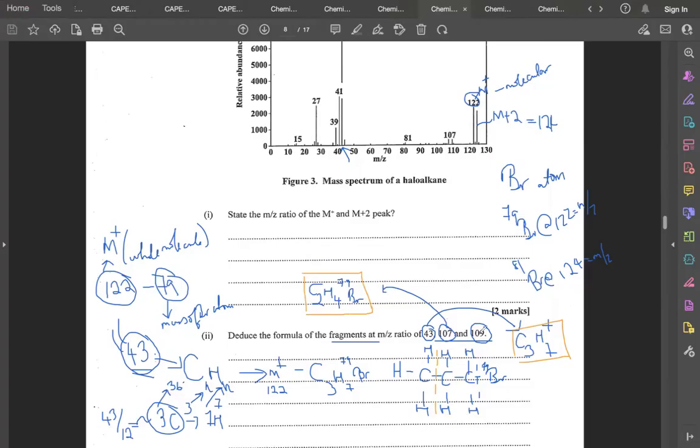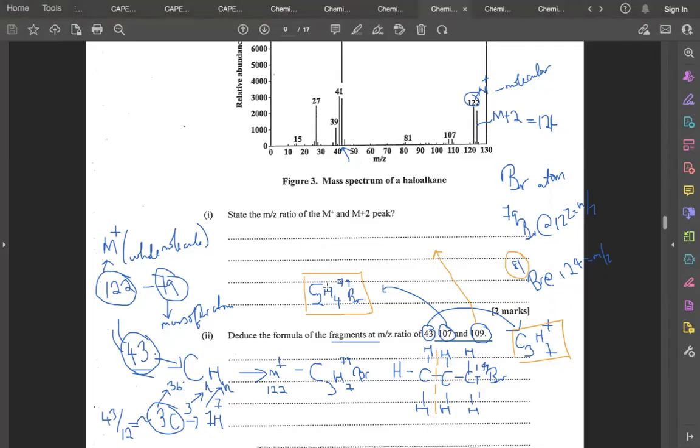And so that difference can be accounted for in the fact that what we have at our 109 m/z ratio is the bromine that is in the 81 form, okay? Because that's literally the only thing that separates the 107 from what's at 109. So I'm going to come up here now and draw that fragment.